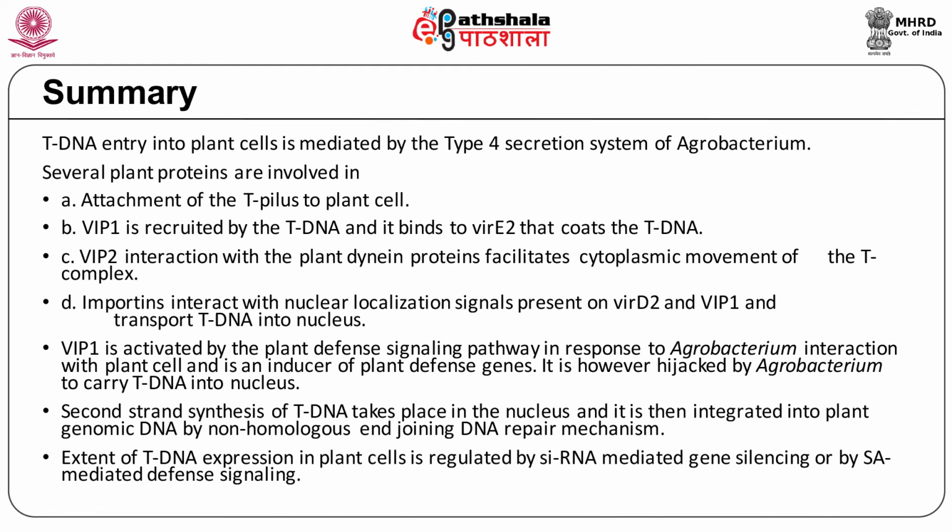Second strand synthesis of tDNA takes place in the nucleus and it is then integrated into the plant genomic DNA by the non-homologous end-joining DNA repair mechanism. The extent of tDNA expression in plant cells is regulated by siRNA mediated gene silencing or by SA mediated defense signaling.